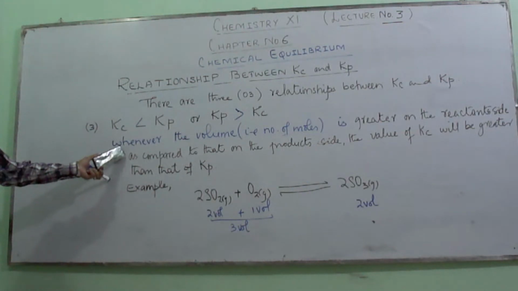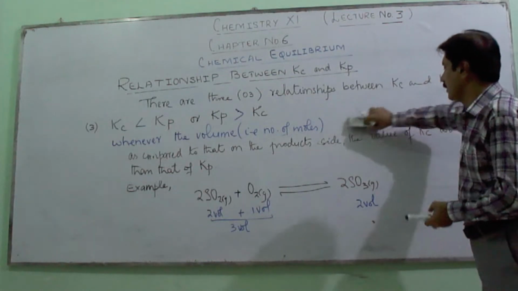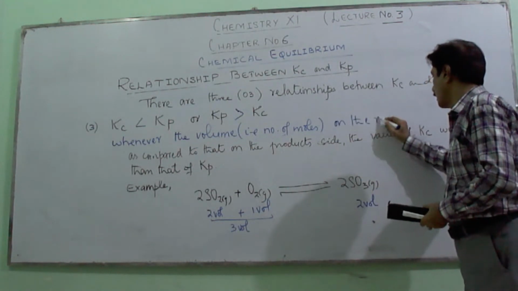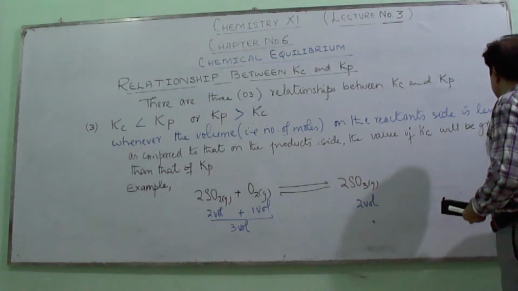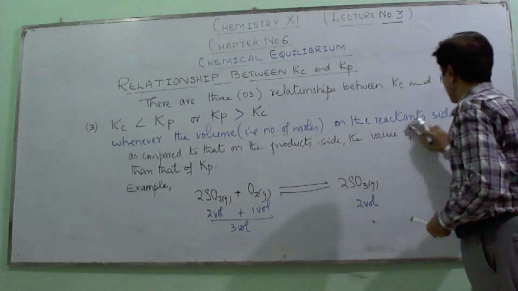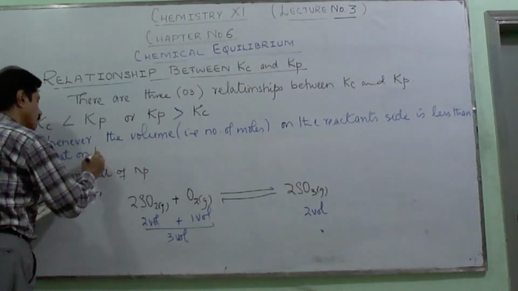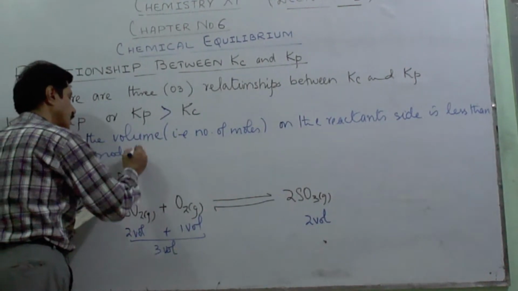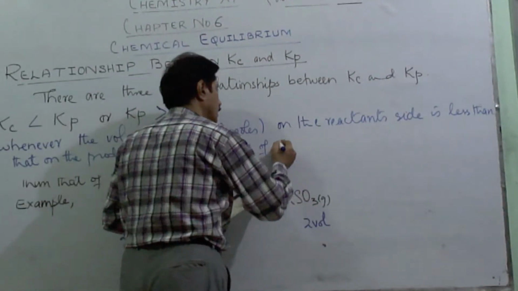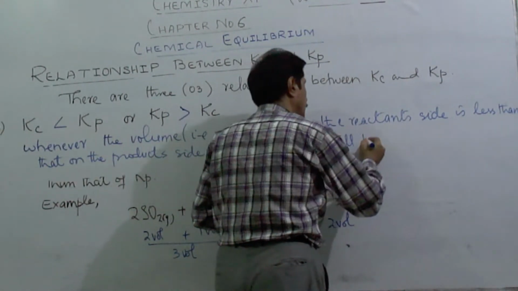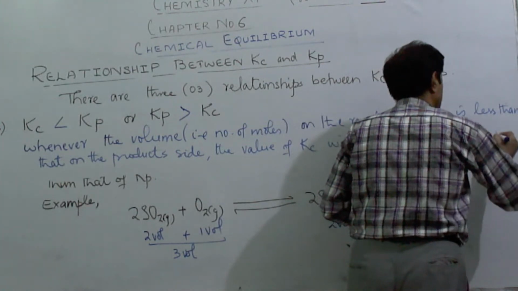Now the condition in this case will be, whenever the volume or number of moles on the reactant side is less than that on the product side, the value of Kc will be less than that of Kp.